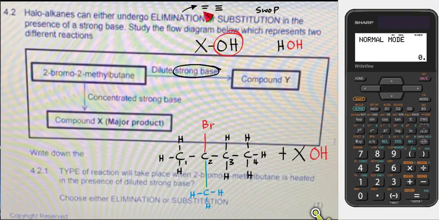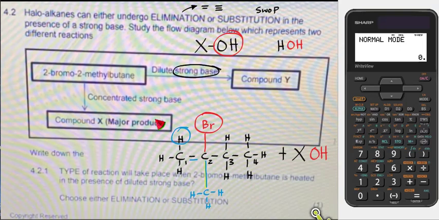Are we together? So in your case, that means you must get rid of that Br and one of the hydrogens, let's say maybe here. When you do that, you have a double bond here.